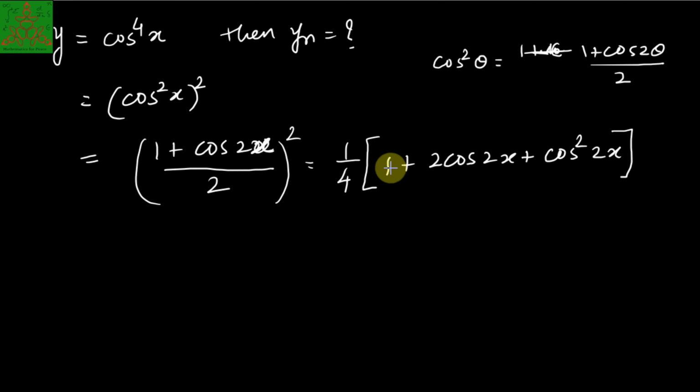I can take the derivative of a single cos but not of cos square, so we have to further simplify cos square into a linear function of cos. When I say linear function of cos, it means the power will be 1. I need to convert this expression into cos having power 1.